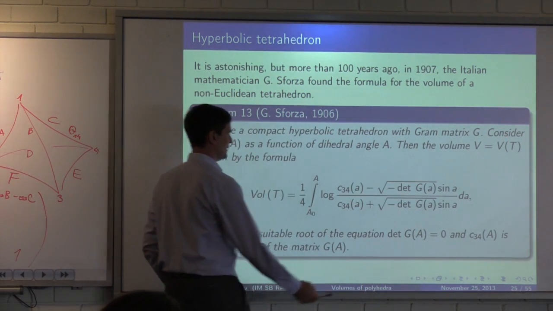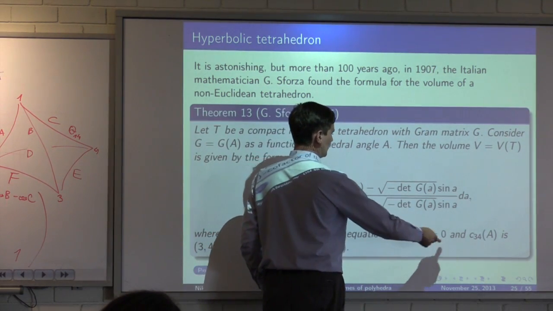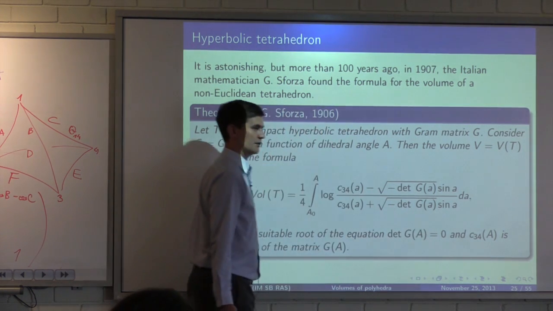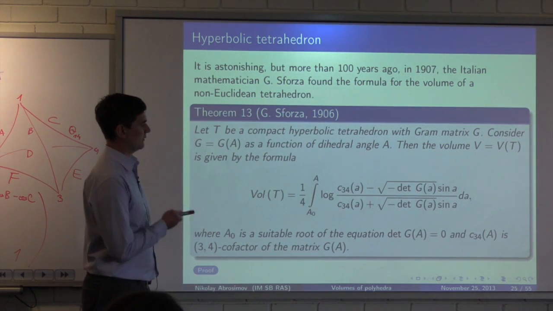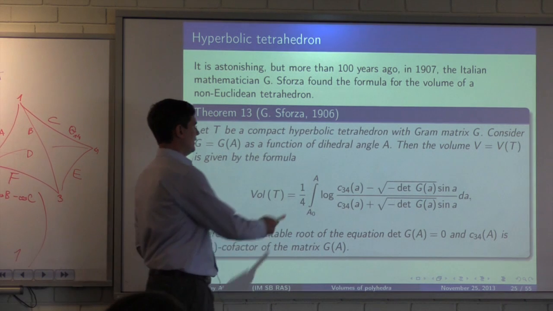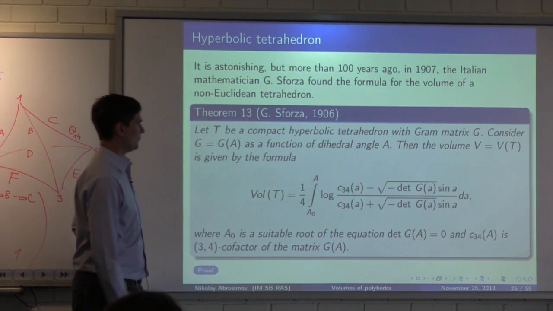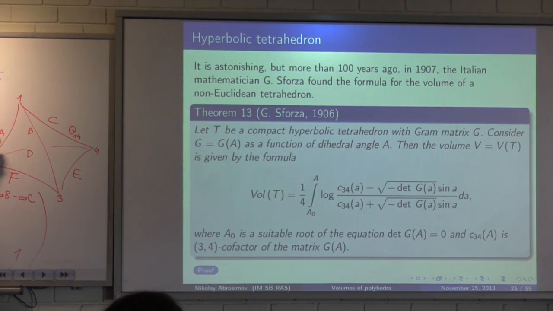That is, the root of this Gram matrix function in terms of one variable A. And the upper limit is the given number A, the value of the first dihedral angle.